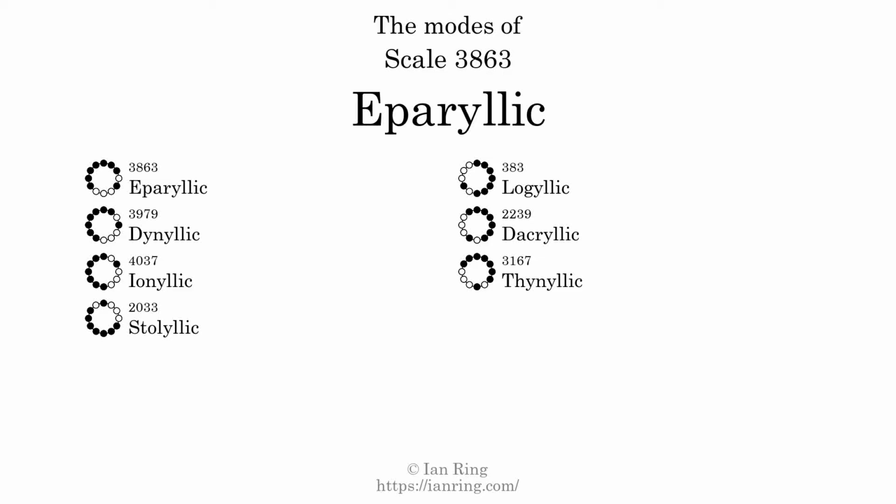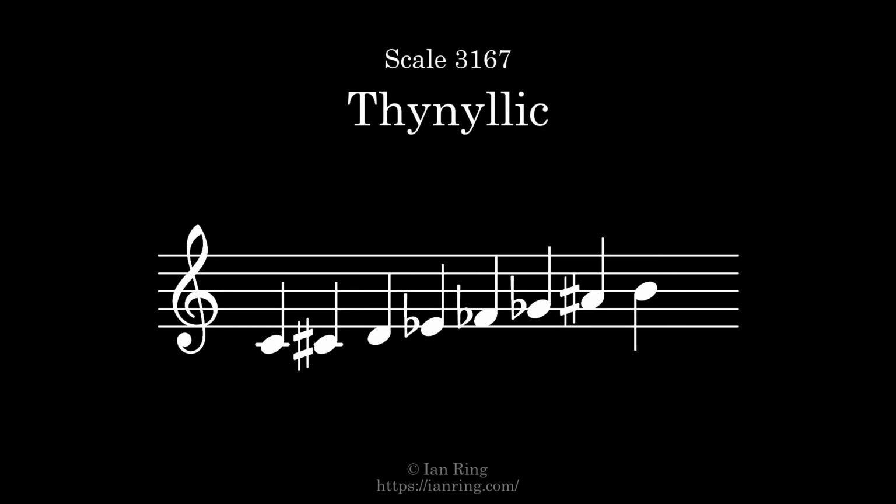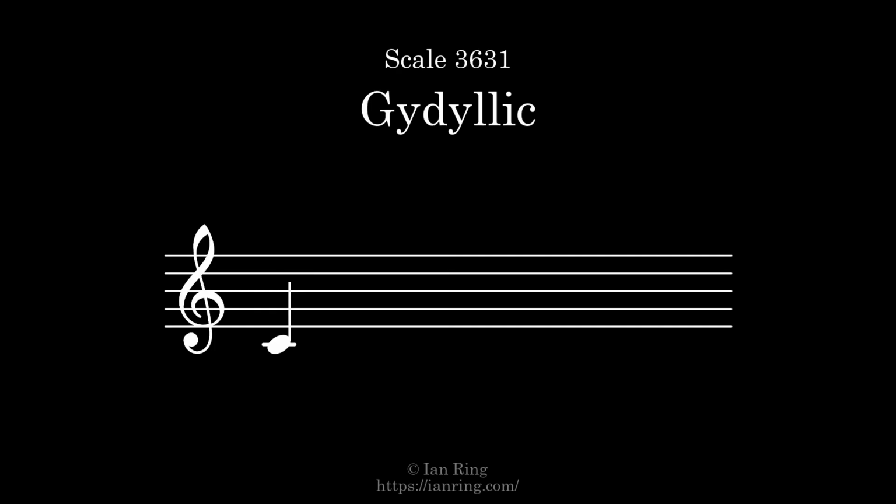The seventh mode is scale 3167, also known as Eparyllic. It sounds like this. The eighth and last mode is scale 3631, also known as Eparyllic. It sounds like this.